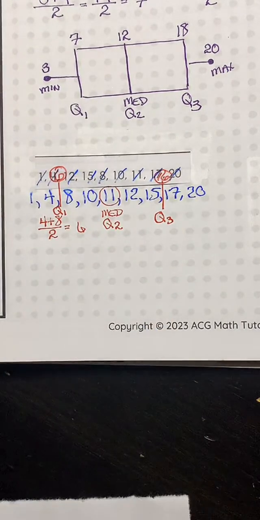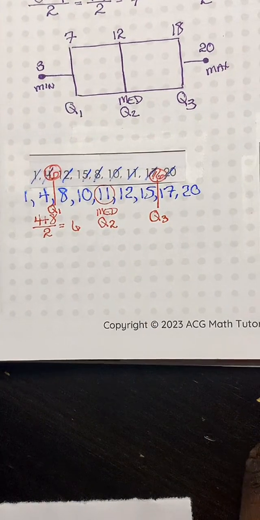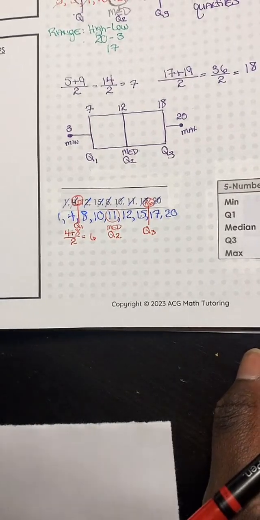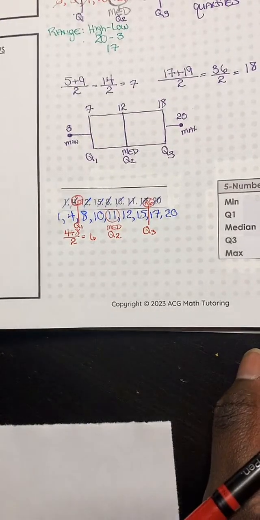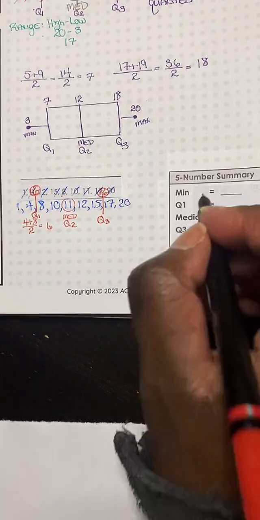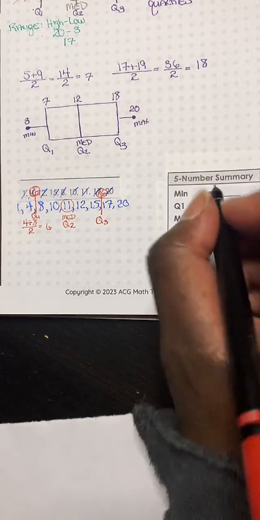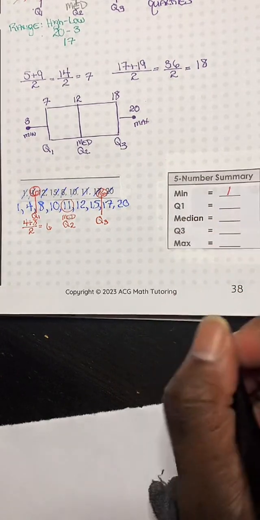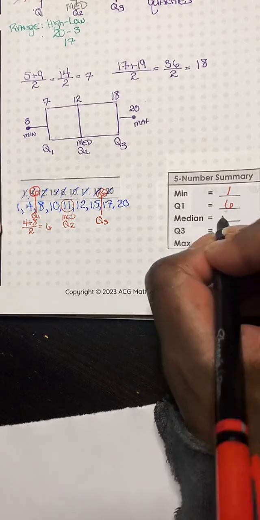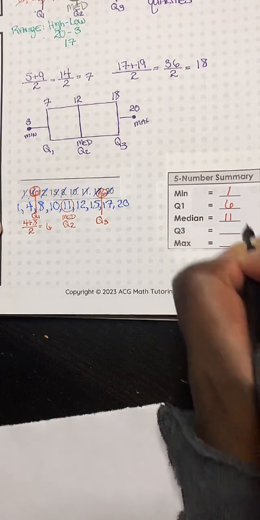So, when I look at my data, I'm going to put it into what's called the 5-number summary. My lowest number is my min, which was 1. My first quartile, which we just found, is 6. The median is 11.